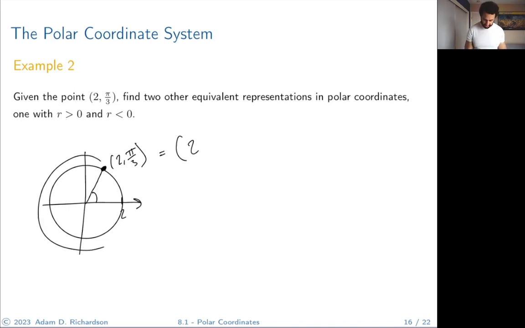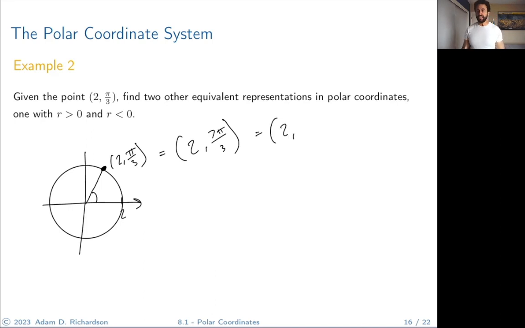So if I go around the circle again by 2 pi, I'm going to land at the same point. So I just need to do 2 pi plus pi over 3. Let's see, so what is that? 2 pi is 6 pi over 3, so we're going to have 7 pi over 3. That's right, yeah, 7 pi over 3. And then I could do it again, right? I could go around the circle again.